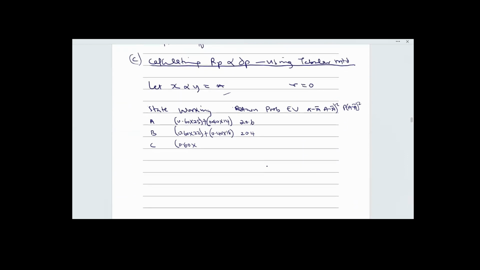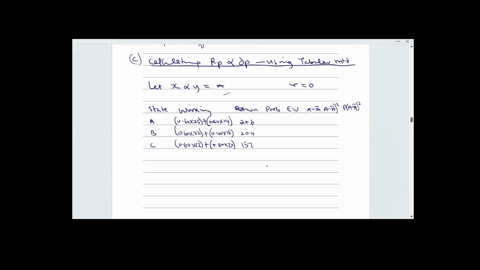Plus 0.4 multiplied by 20. So bring out my calculator. Open a bracket, 0.6 multiplied by 12, close the brackets, plus, open a bracket, 0.4 multiplied by 20, close the bracket, equals 15.2.